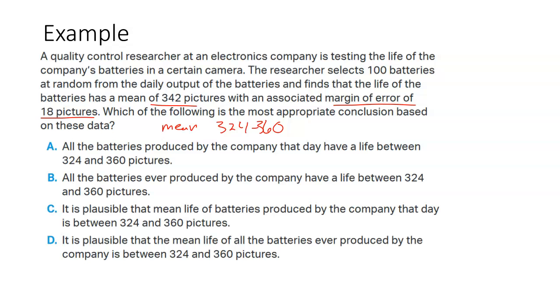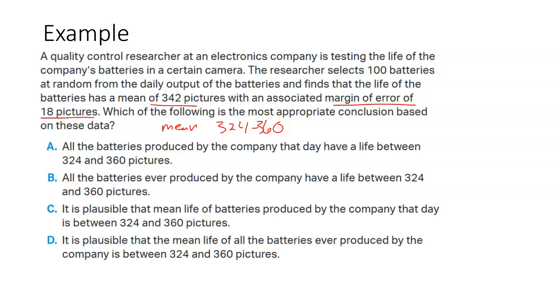It is plausible that the mean life of batteries produced by the company that day is between 324 and 360. It is plausible that the mean life of all the batteries ever produced by the company is between 324 and 360.